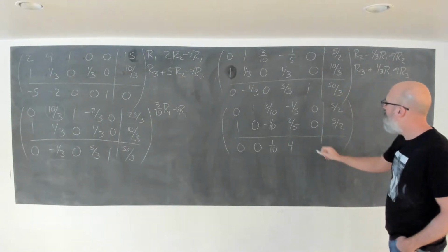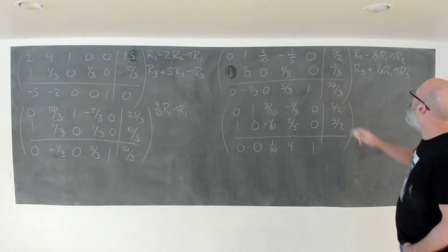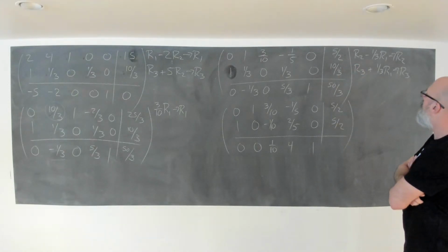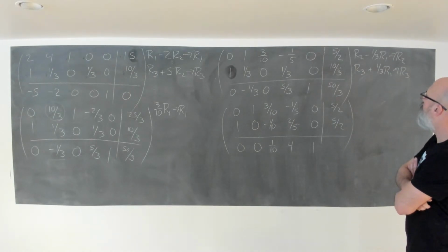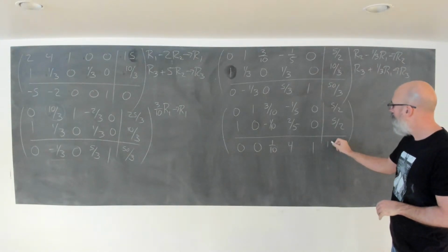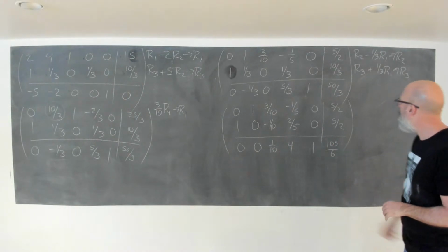Is that correct? Five over 6, so 105. No, yeah, 105/6. So, is that correct?